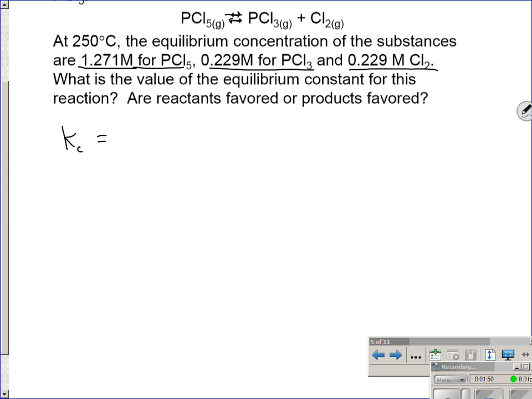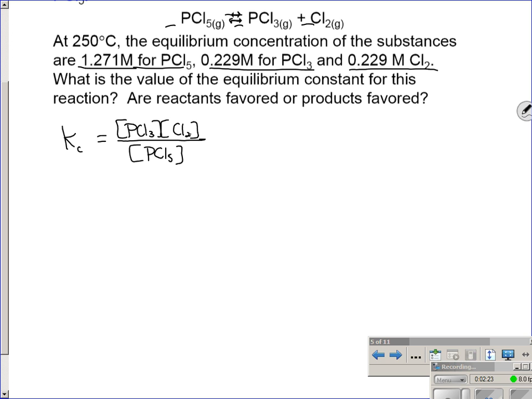The equilibrium constant is equal to the product of the concentrations of the products divided by the product of the concentrations of reactants raised to the power of their coefficients. This equation happens to balance with a 1, 1, and 1, so we don't have to raise anything to the powers there. So this is how we're going to calculate the value for the equilibrium constant.